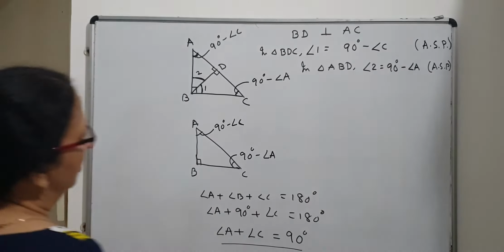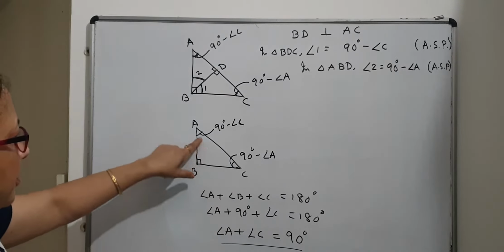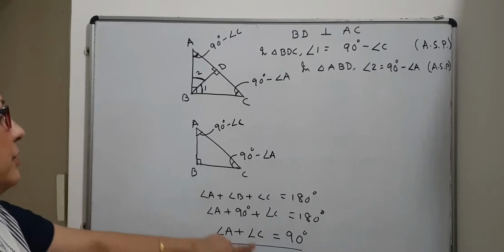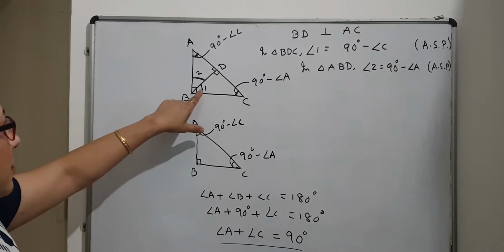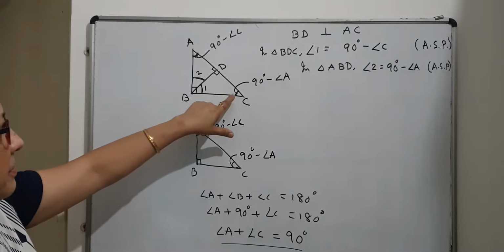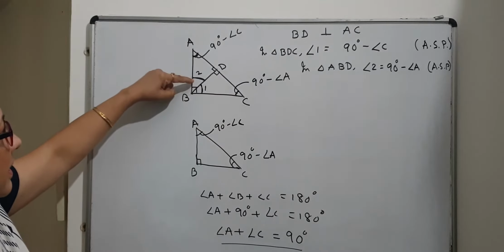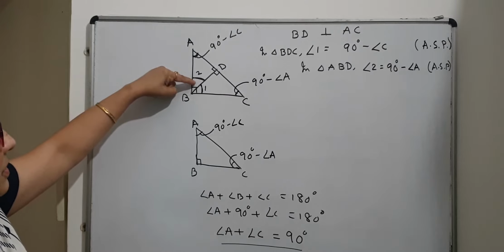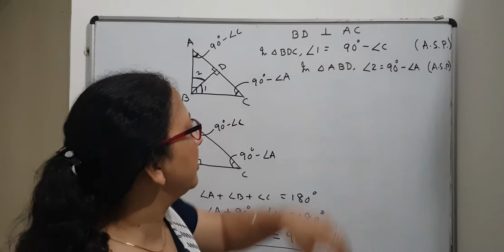So in each right angle triangle, the two acute angles are complementary, that you found. So since 1 and C are complementary, 1 can be written as 90 degree minus C, and since angle A and angle 2 are complementary, angle 2 can be written as 90 degree minus A, as I have written here.